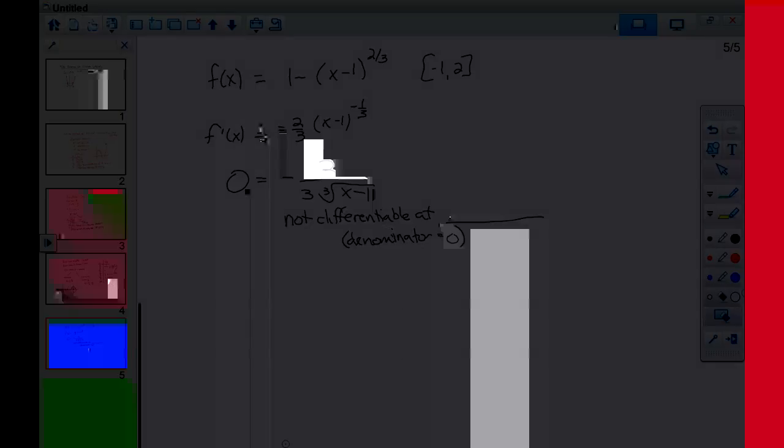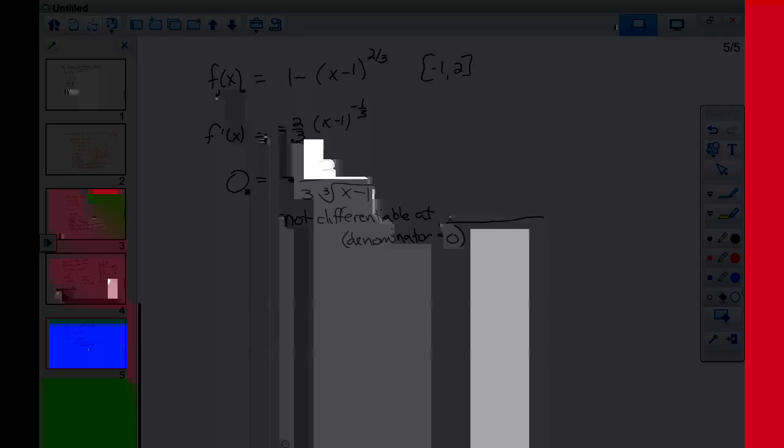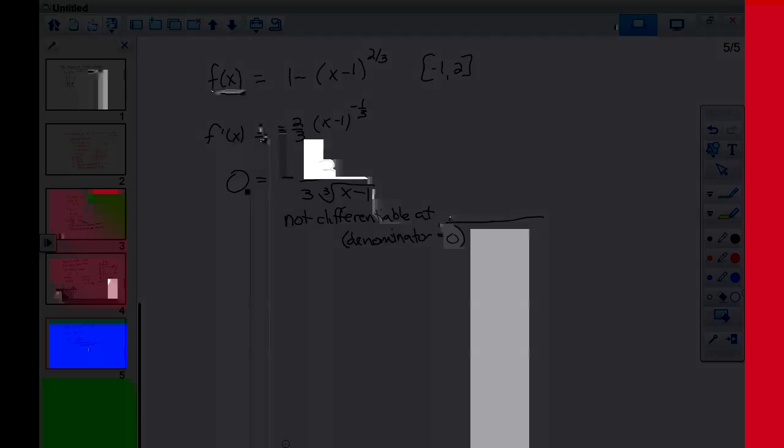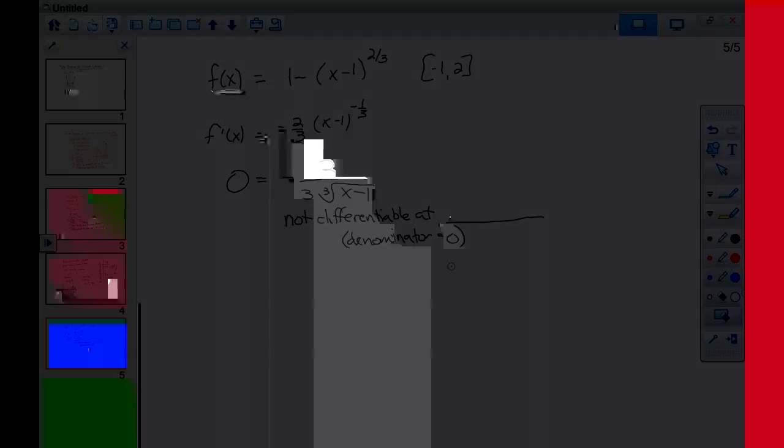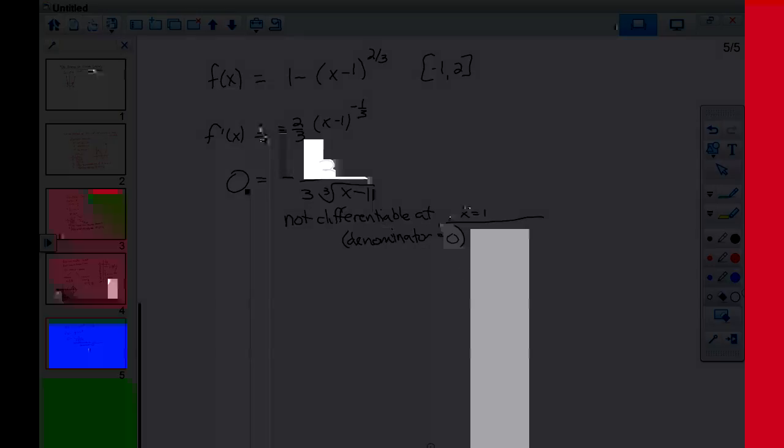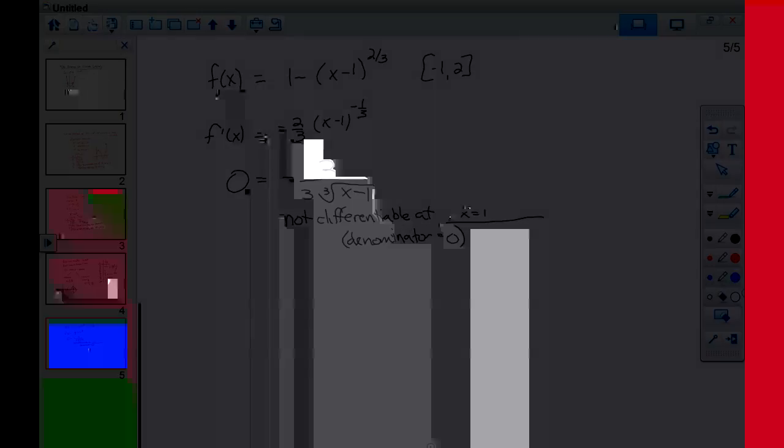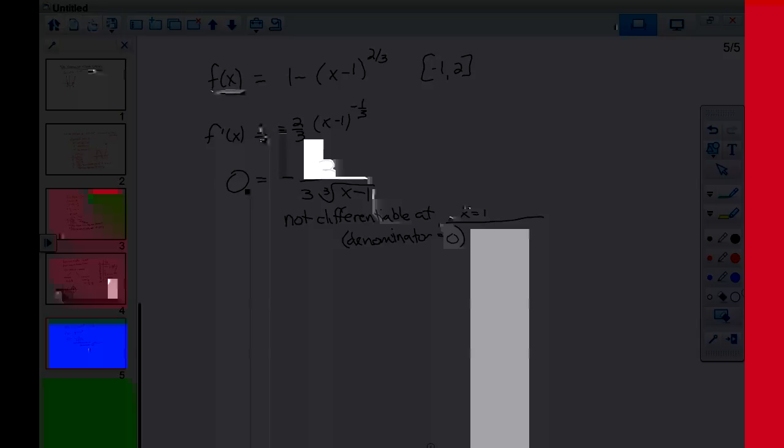We get 1 in, I get 0 times 0, right? So at x equals 1, it's not differentiable. But be careful, it can still happen. You just don't have to consider the denominator.